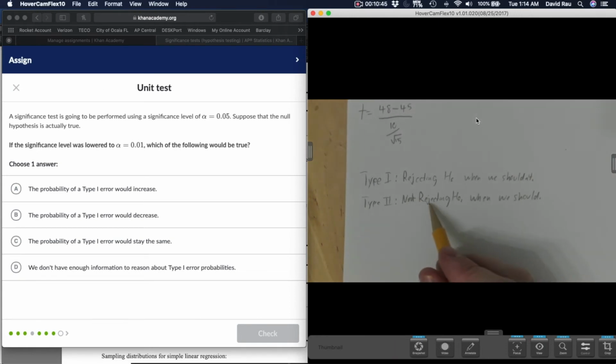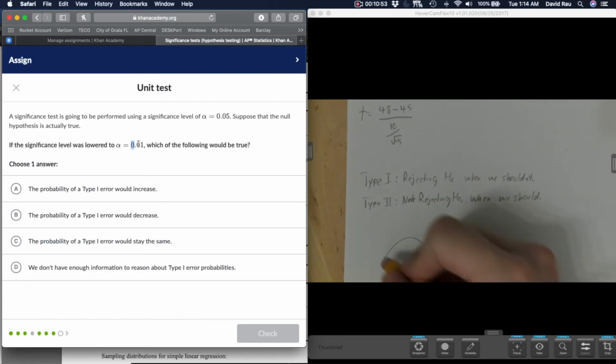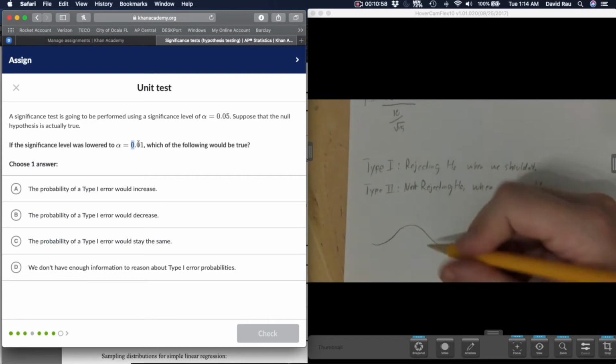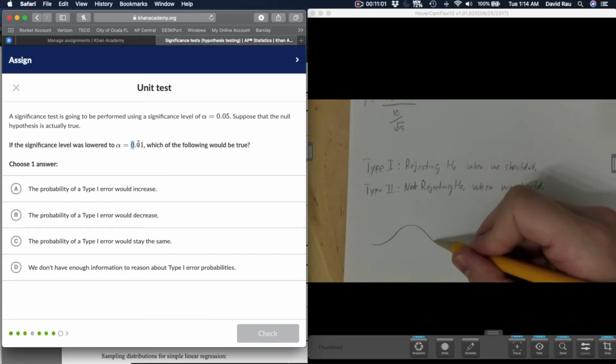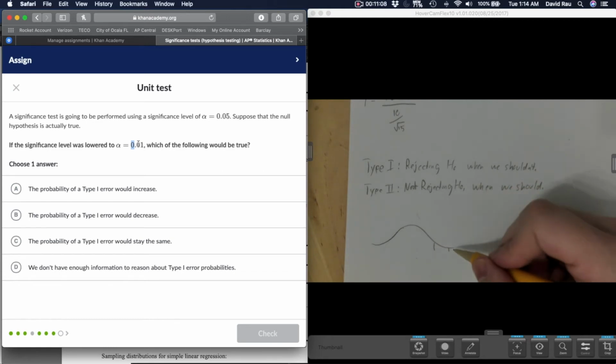Okay, so now notice what's going on here. They're saying if we lower alpha. Now what happens if you lower alpha? Alpha, if you remember, I'm just going to write it like this, assuming we're doing a greater than test. Alpha is your cutoff to how far a value has to be. So alpha 0.05 would maybe be about right here. Alpha 0.01 would be around here. Again, if you know your z-scores and normal distribution, you know that this happens a lot more rarely than getting something this far.